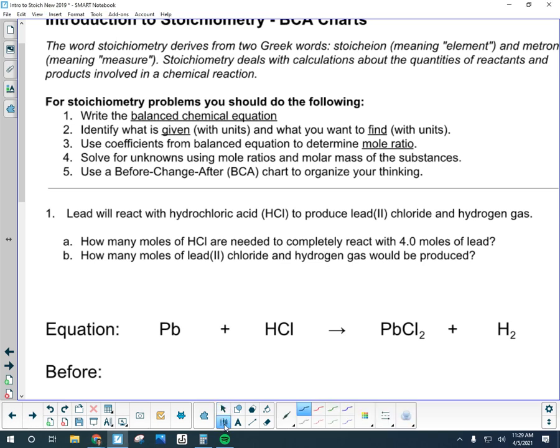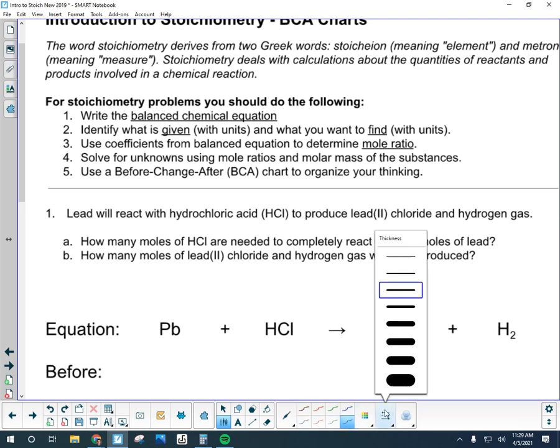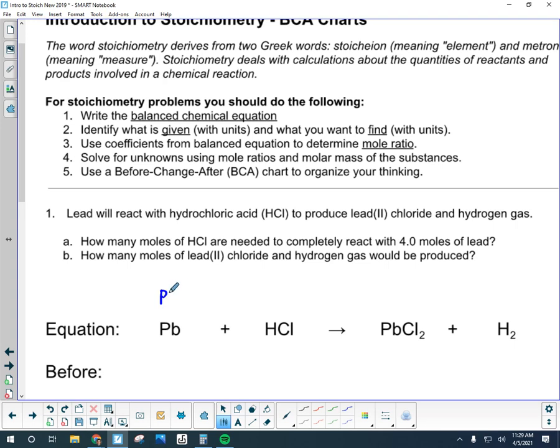And I'm going to go ahead and use diagrams like we've done before. So for lead, that's just metallic lead. I'll just put Pb in a circle. That's my lead atom. The HCl, it says it's hydrochloric acid. So we've touched on this.